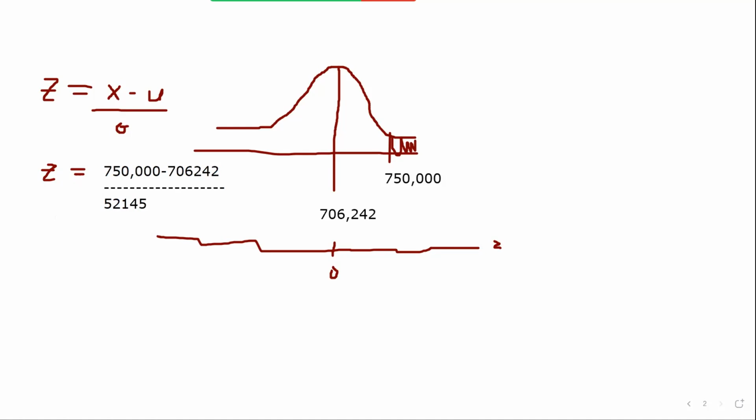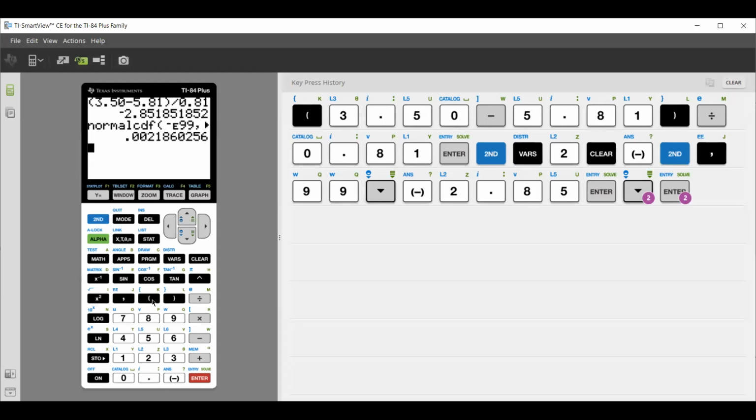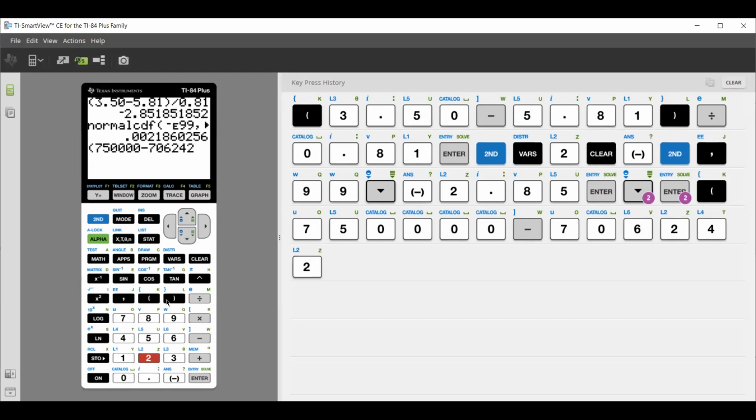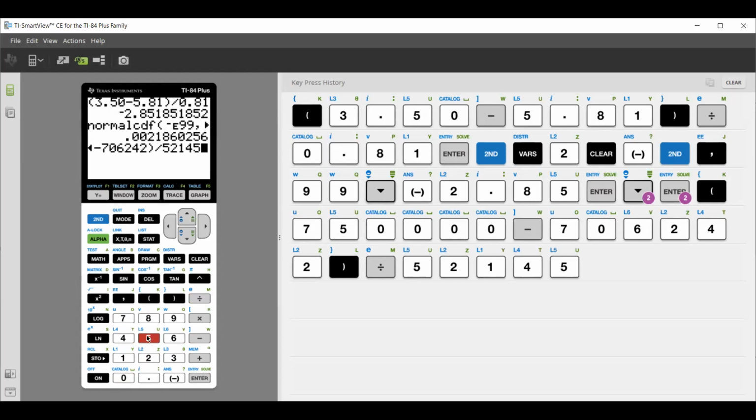We have 750,000 minus 706,242, and we divide that by 52,145.